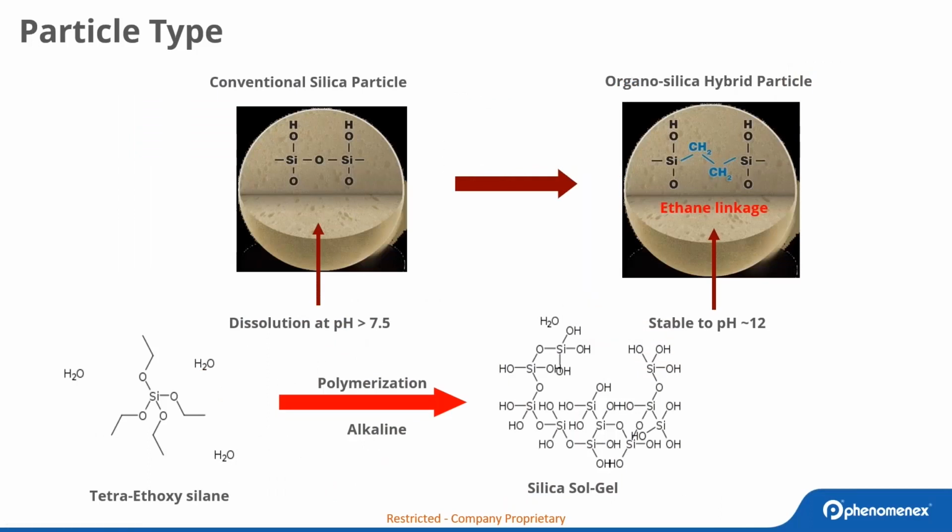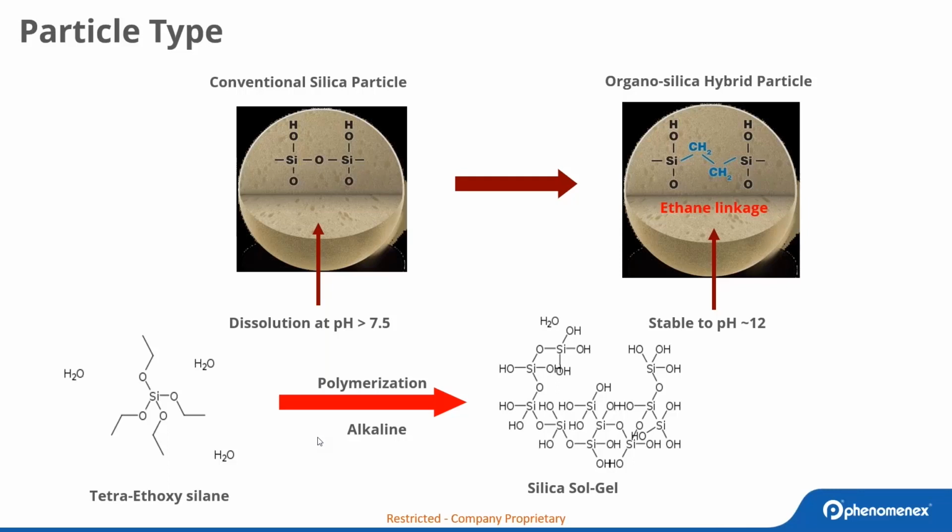Looking at the particle types, again, we're going to be talking primarily about silica, although we will talk about organosilica. So silica gel, looking at this equation down here, is manufactured under alkaline conditions through polymerization. That word always trips me up, polymerization.